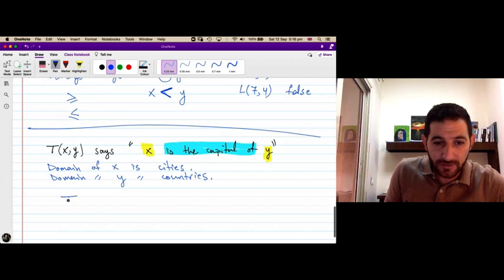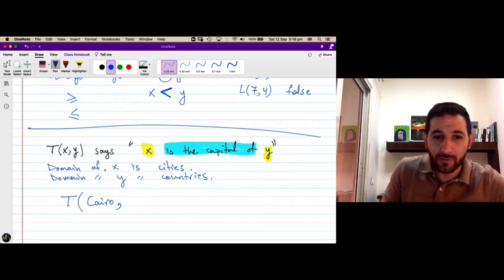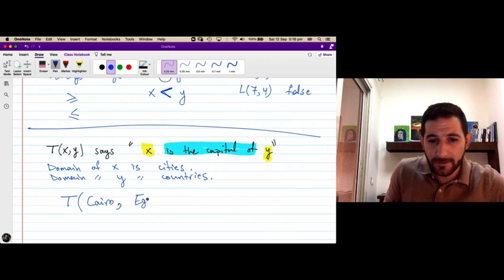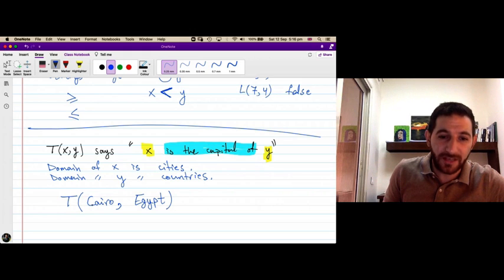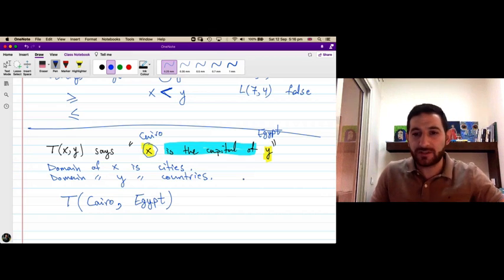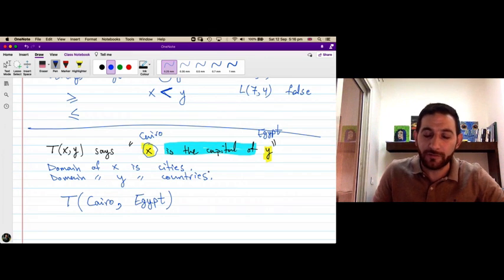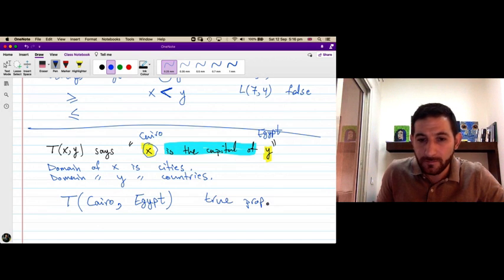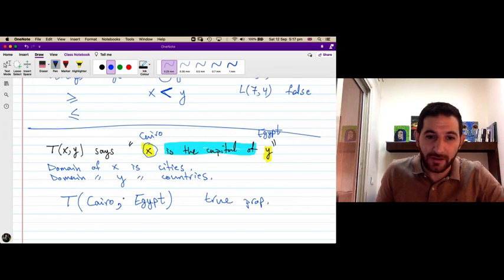Let's choose Cairo for x, and we need to choose a country for y, so you can choose Egypt. And now we get a proposition which says Cairo is the capital of Egypt. This was the first example in our course of a proposition. So this becomes a true proposition. So here we have different domains of the variables.